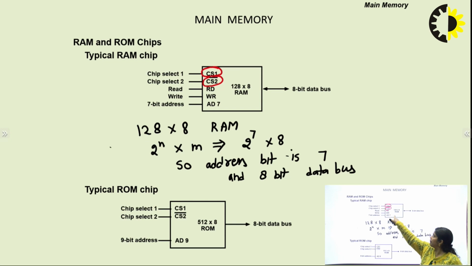Here are the RAM chip and ROM chip. In the RAM chip, because it is a random access memory, we can both read and write. That's why there are read and write pins. The read operation is used when we want to read data or information from the memory, and write is used when we want to update or write data or information in the RAM.